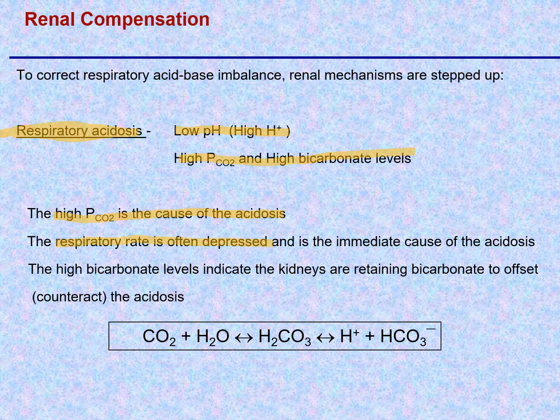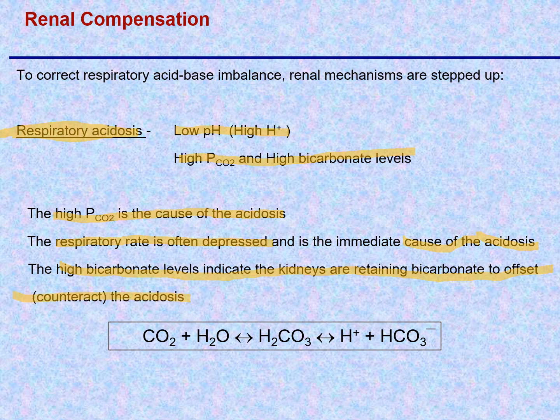somehow ventilation of the lungs is poor in some or many areas, and that's the cause of the acidosis because of a buildup of CO2. High bicarb levels indicate the kidneys are retaining bicarb in order to counteract the acidosis.